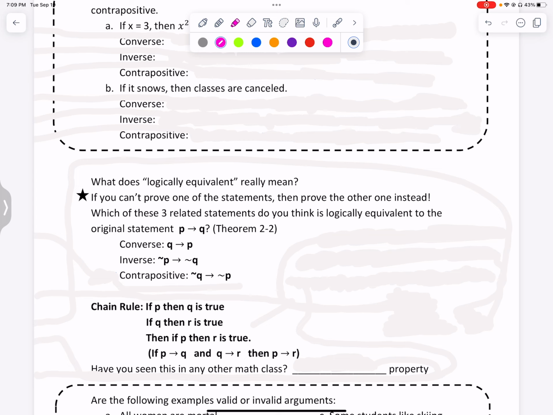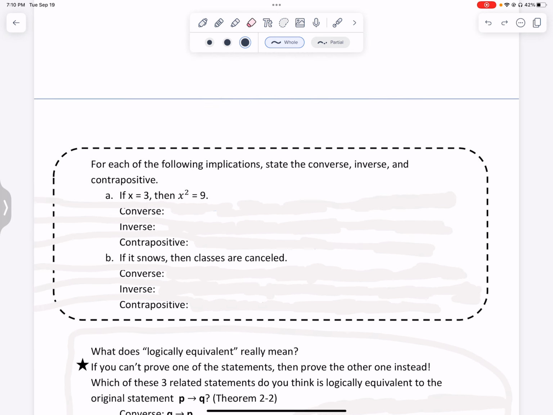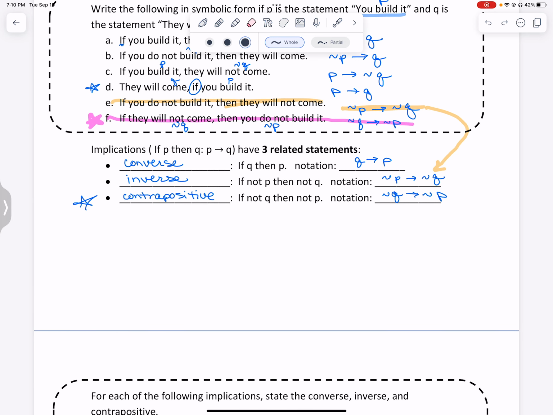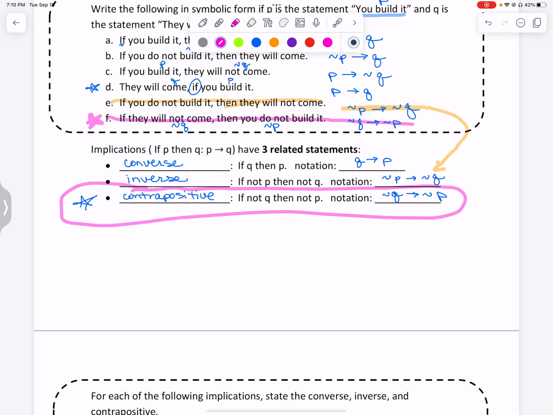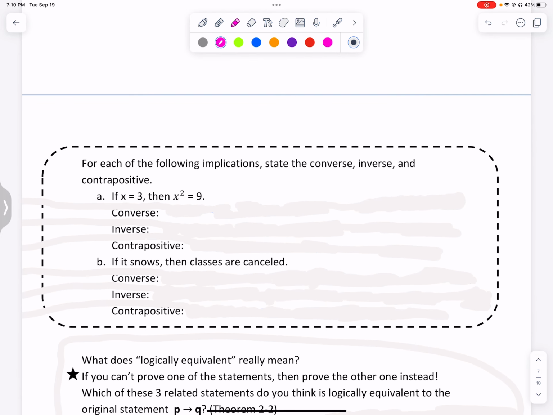If you're trying to prove something mathematically or logically and you cannot get to it, if you can prove the contrapositive, then that is proof enough, okay? So the contrapositive is not Q, then not P. That is why this contrapositive is so important for proving things, okay?